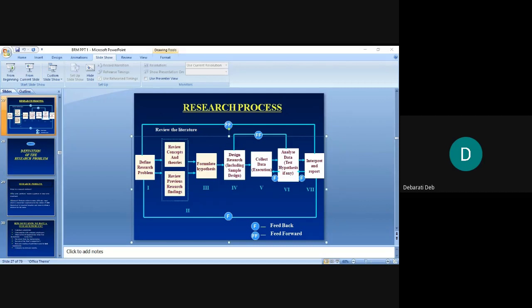By customer complaints, conversation with company employees, observation of inappropriate behavior or conditions in the firm, deviation from the business plan, success of the firm's competitors, relevant reading of published material, that is trends or regulations, and company records and reports. Understood, Pratiksha?